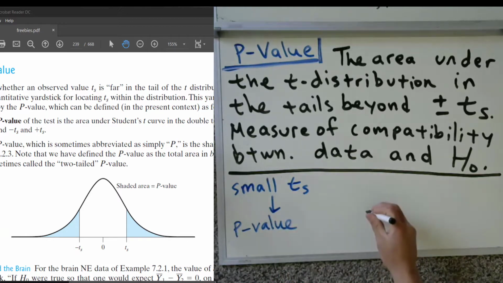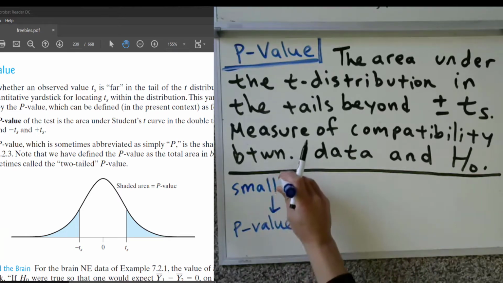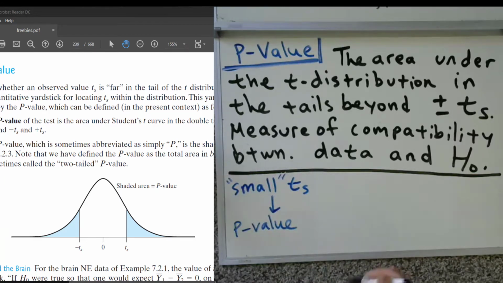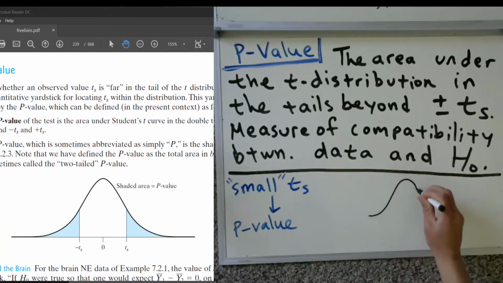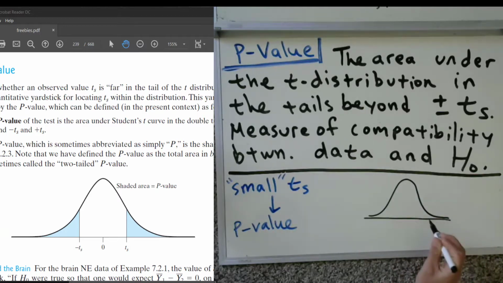A small, maybe I should put that in quotes, test statistic in a t distribution with some degrees of freedom is near zero. It could be positive or negative. Perhaps you got a negative test statistic or a positive test statistic, just somewhere near zero. So I'll label this TS, and it was a little redundant, but I'm going to put a negative sign just to differentiate.